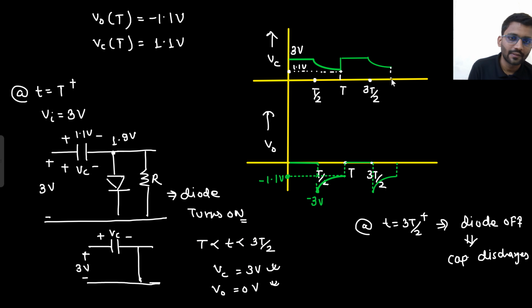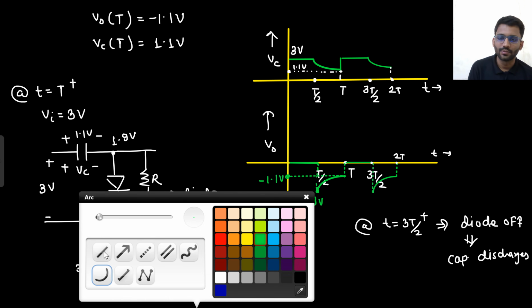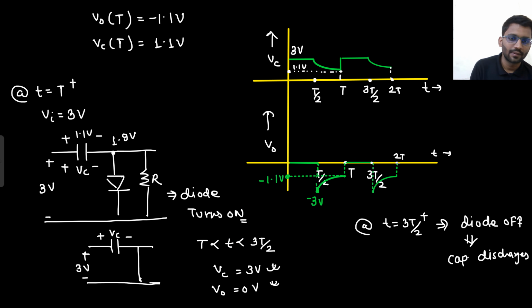This time is 2T, this time is also 2T, this time is T. Again it will come to 0, and here again it will go to 3 volt. So the same cycle is happening.